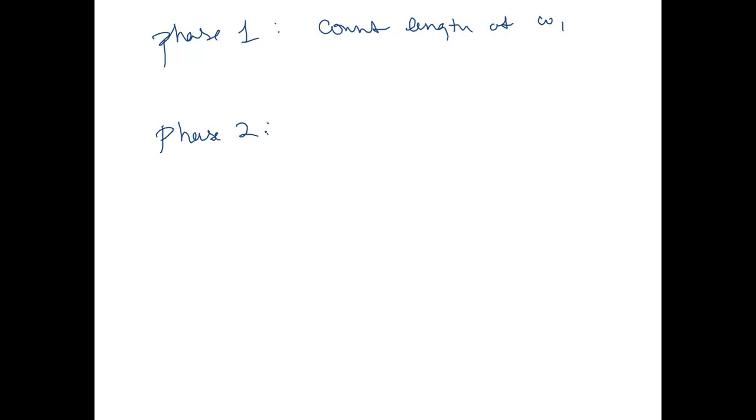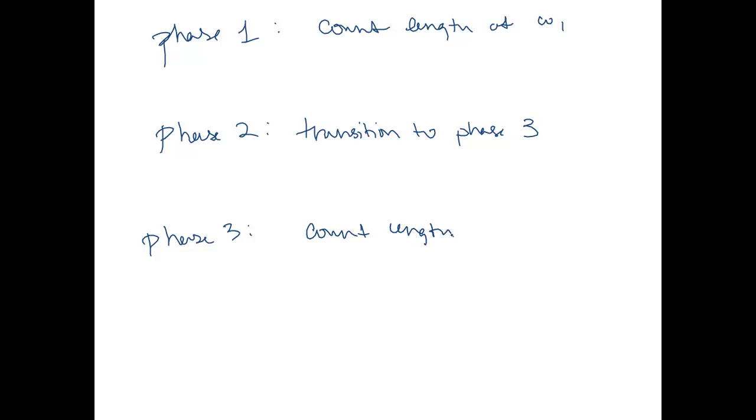Phase 2 is basically just going to say transition to phase 3. And phase 3 is count the length of W2 and compare to W1. So how are we going to achieve these phases?